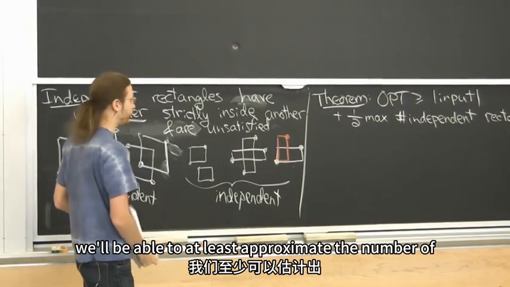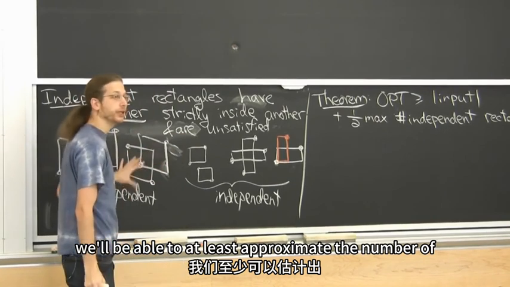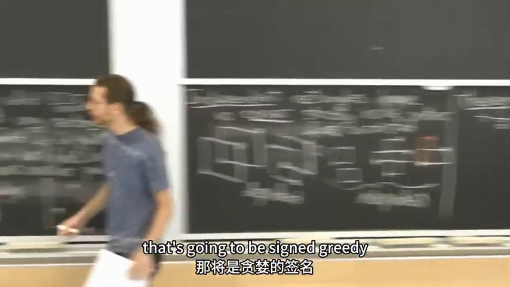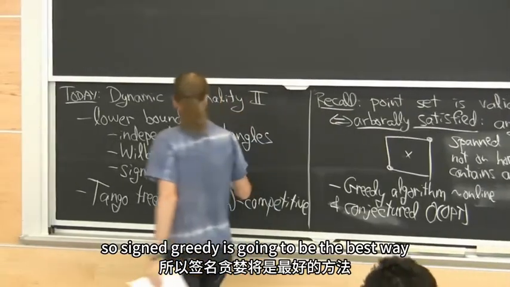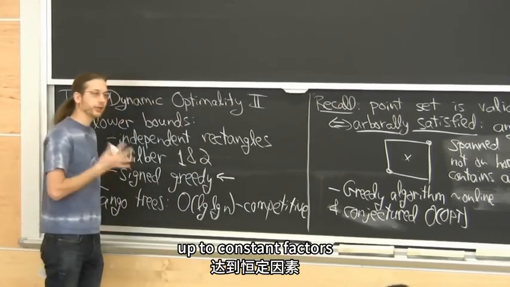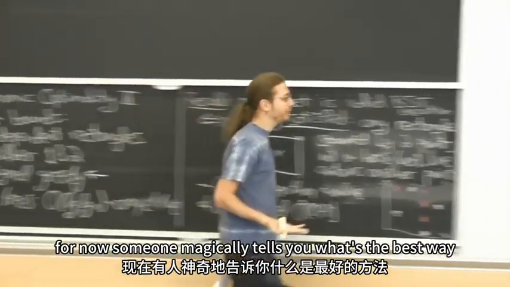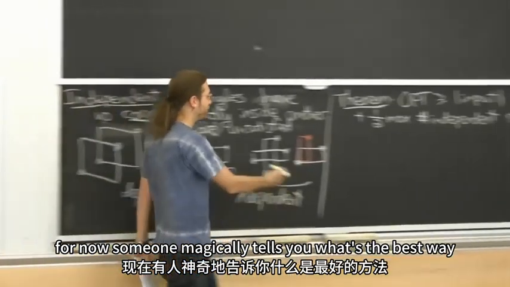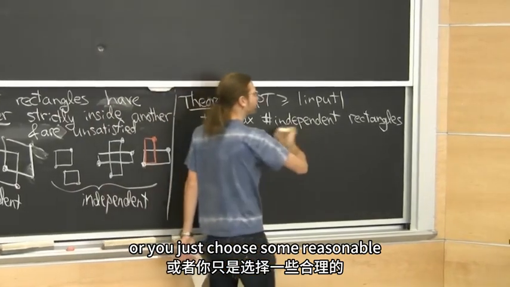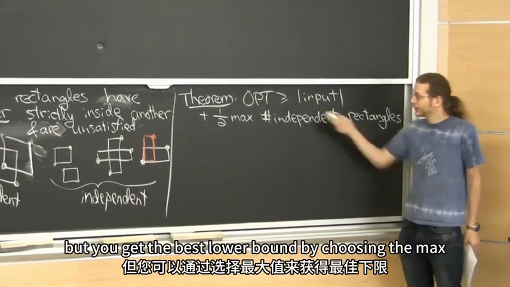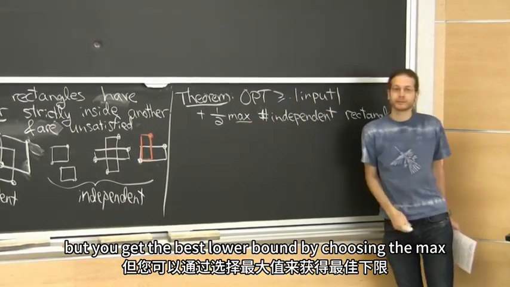Turns out we'll be able to at least approximate the number of independent rectangles within a constant factor by the end of class. That's going to be signed greedy. So signed greedy is going to be the best way up to constant factors to choose independent rectangles. For now, someone magically tells you the best way, or you just choose any reasonable choice of independent rectangles, which will be a lower bound, but you get the best lower bound by choosing the max.